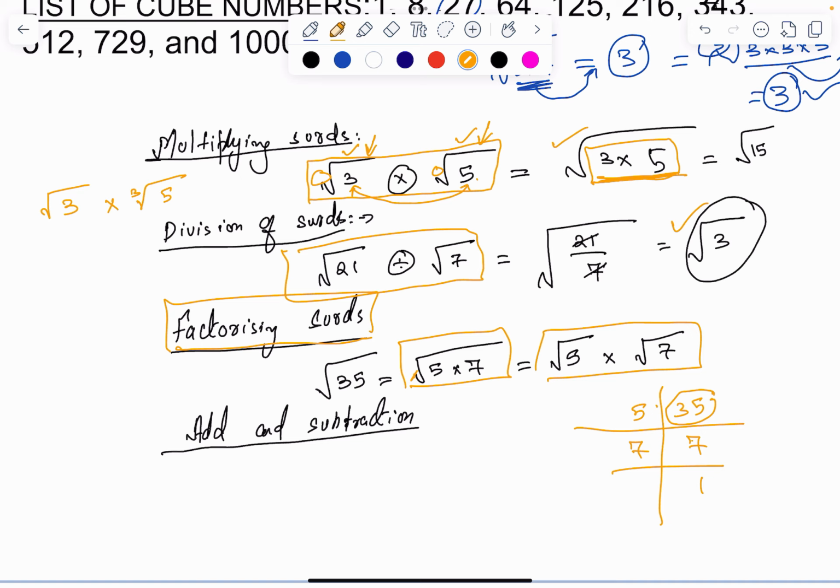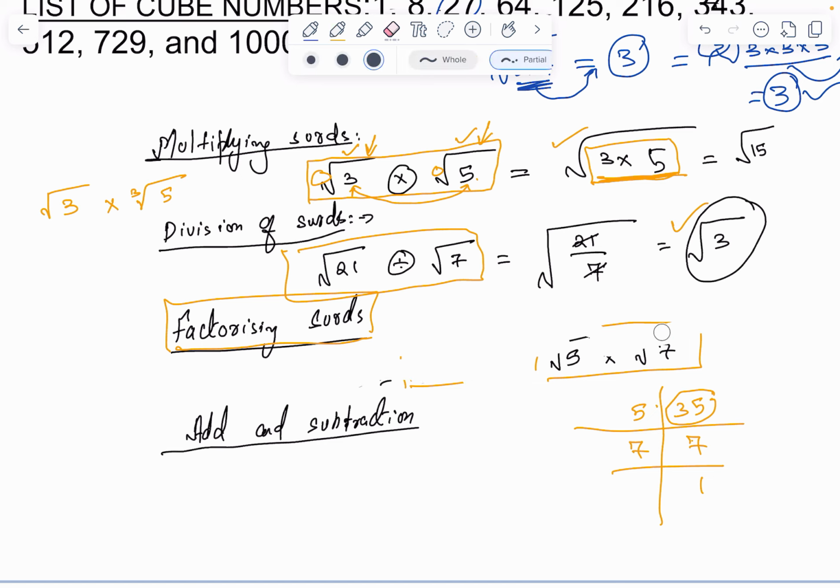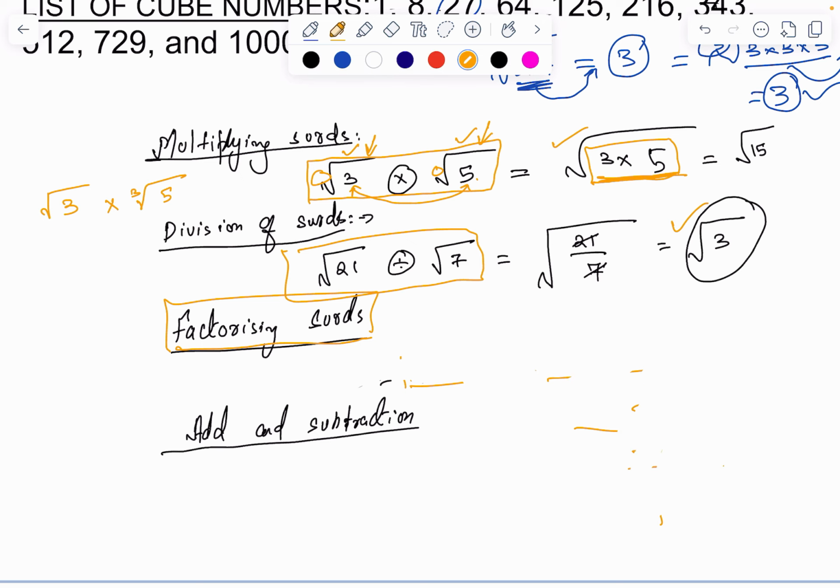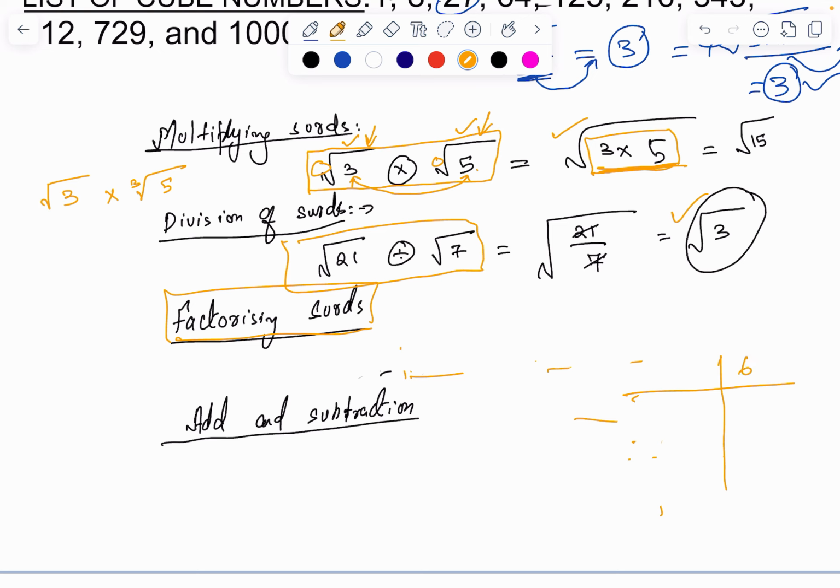So you can separate them also. For example, let's say you have 60. 2 times 30, 2 times 15, 5 times 3 and 3 times by 1.